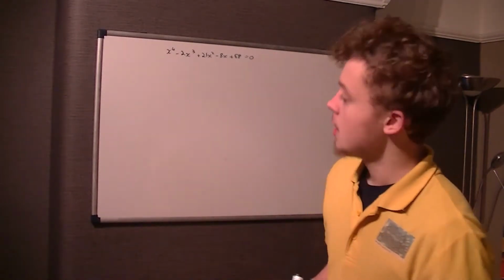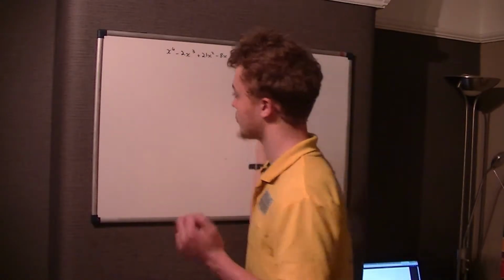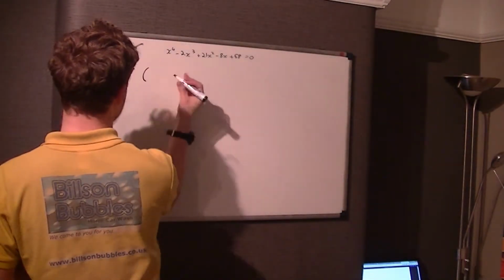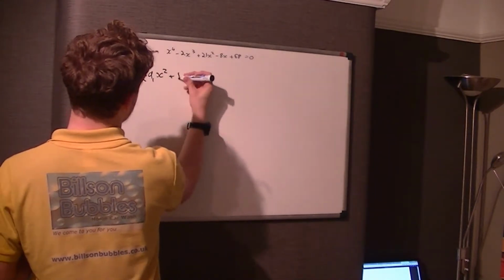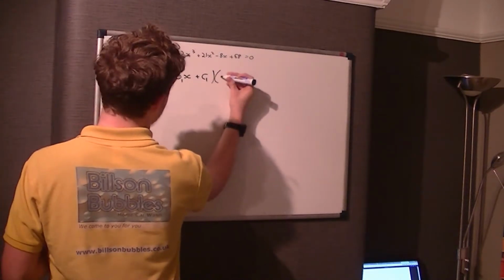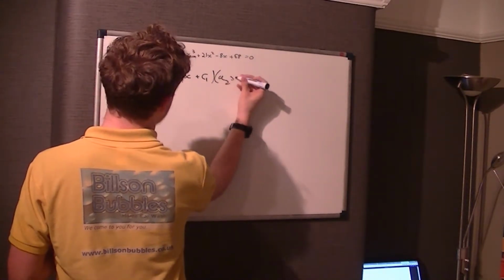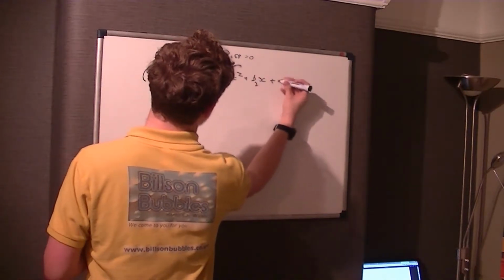quadratic graphs. So basically, what we're saying is this x to the power 4 could factorise something like this: a1x squared plus b1x plus c1, times a2x squared plus b2x plus c2.